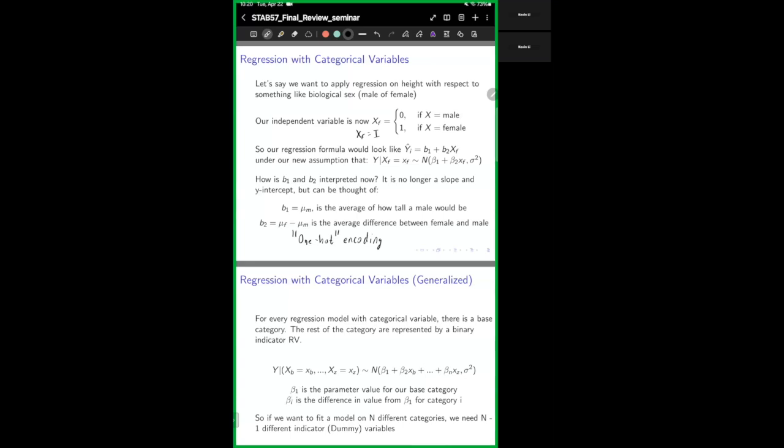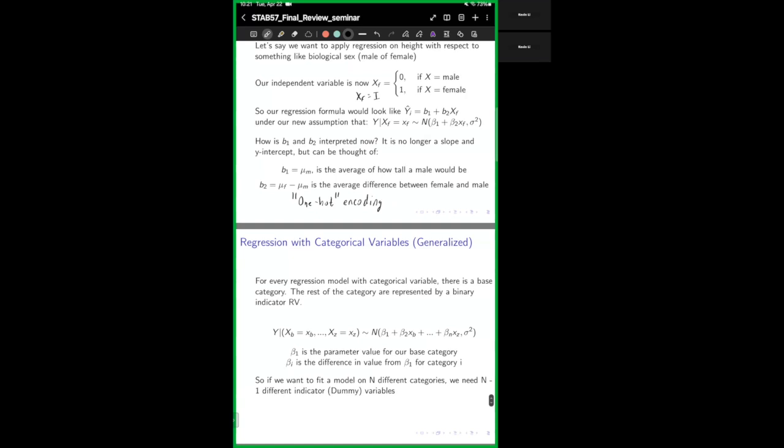However, beta 1 is the parameter value of our base category, and beta i is the difference in value from beta 1 to category i. So if we want to fit a model, we need n minus 1 different indicator dummy variables. Alternatively, this analysis is called one-way ANOVA.